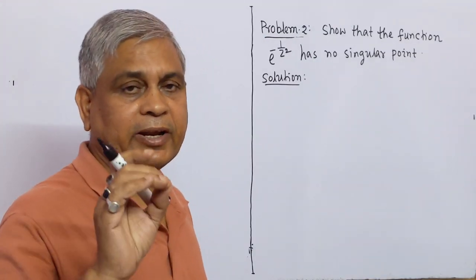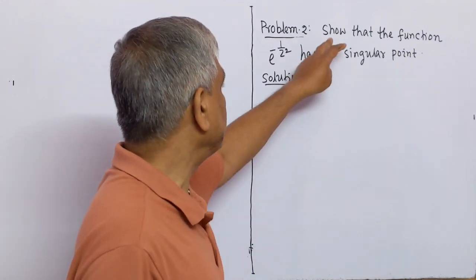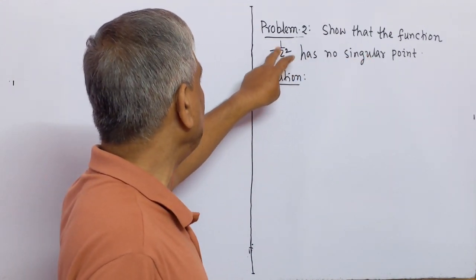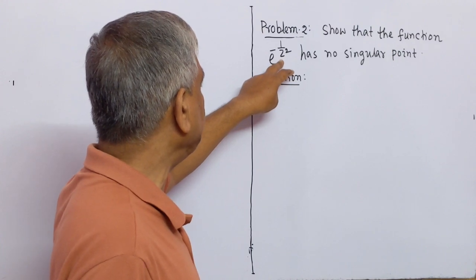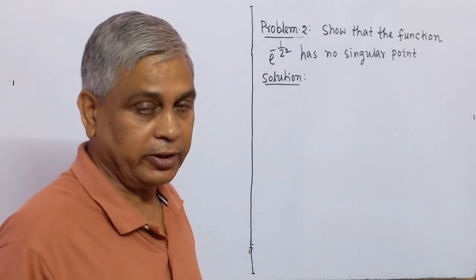Now we solve the next problem. Next problem is: show that the function e to the power -1/z² has no singular point.